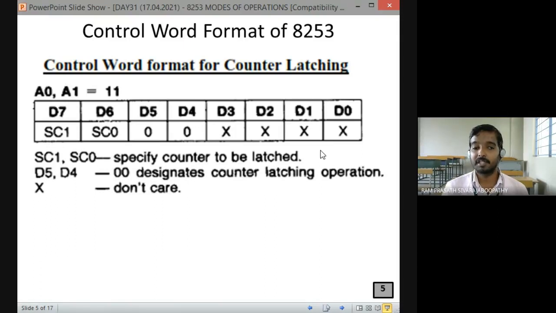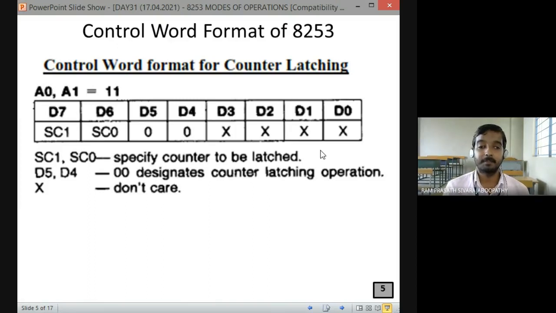One is simple read: stop the counter and then read the count value. Another method is that I latch the counter value. The command we give to copy the current value into a register is the counter latch command.